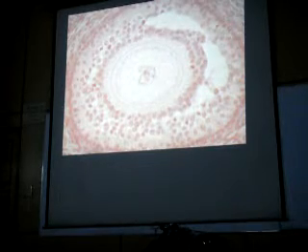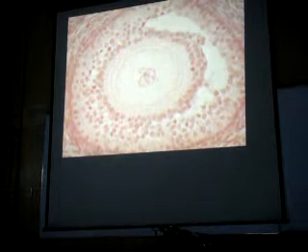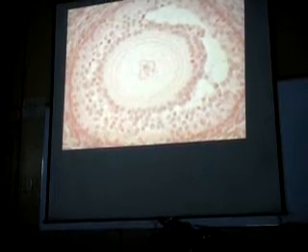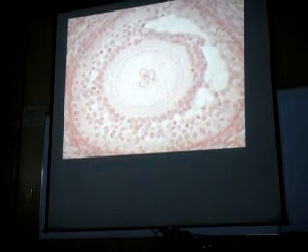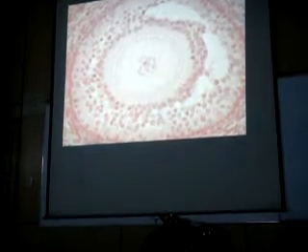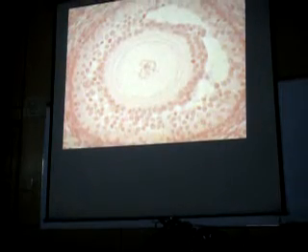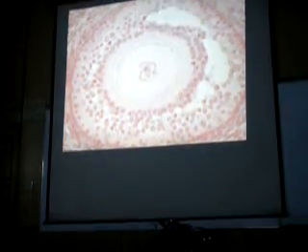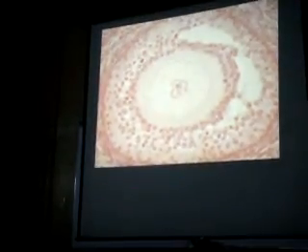So stratified cuboidal epithelium. So remember, you should write down the type of tissue. Don't write, for example, stratified cuboidal, and then there's no epithelium after stratified cuboidal.